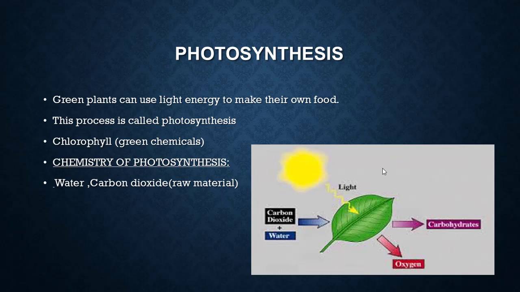There are many misconceptions. Let me tell you something. At night, plants release carbon dioxide in a large quantity, which is harmful for human beings. Carbon dioxide and water alone cannot be used in the process of photosynthesis.